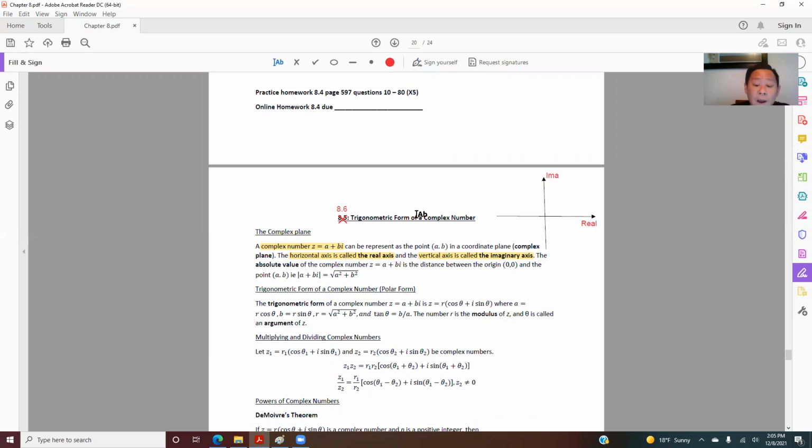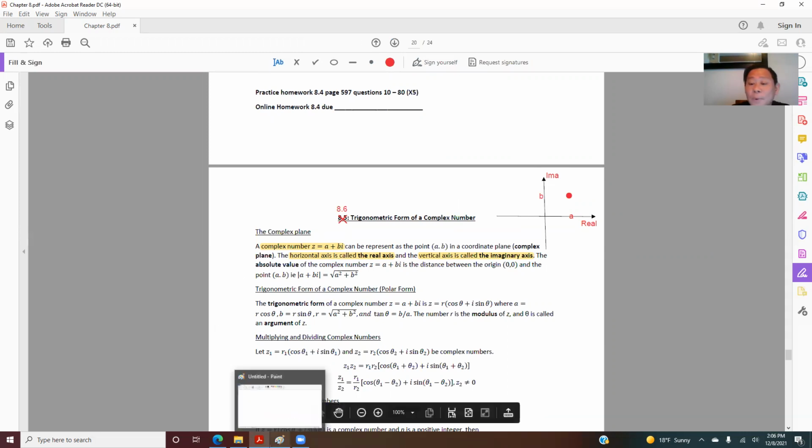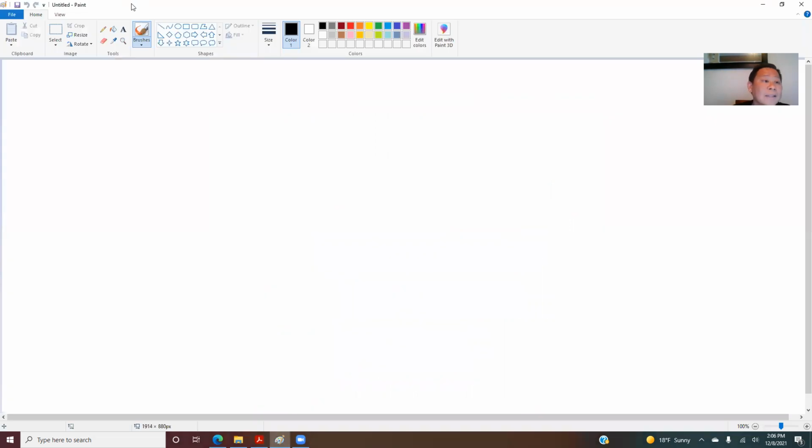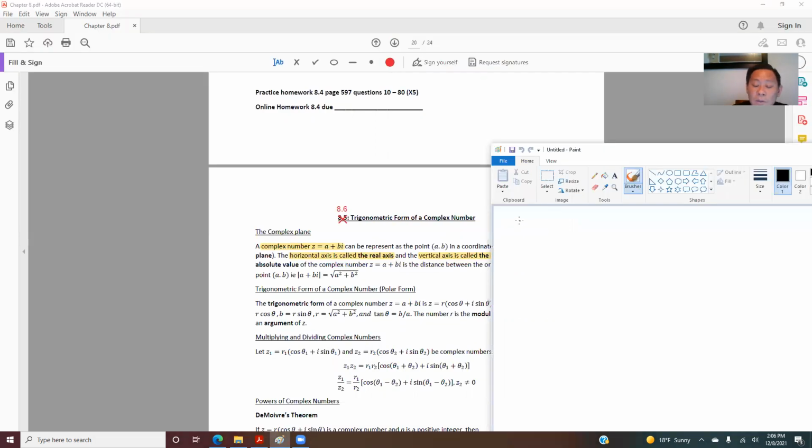So a plus bi is just a coordinate, where a is the real and b is on the imaginary axis. For an example of this complex plane, if I ask you to graph the complex number 3 minus 4i.